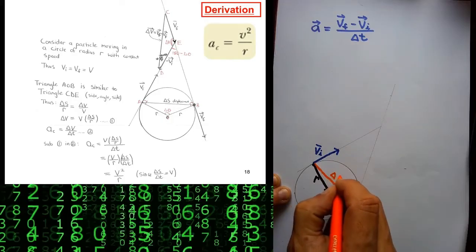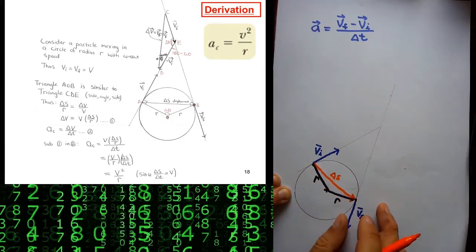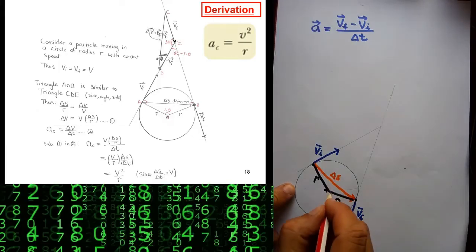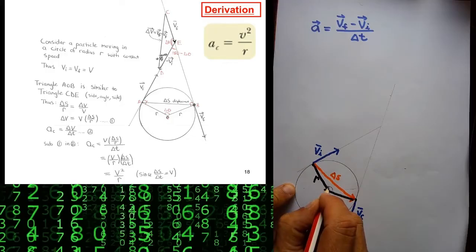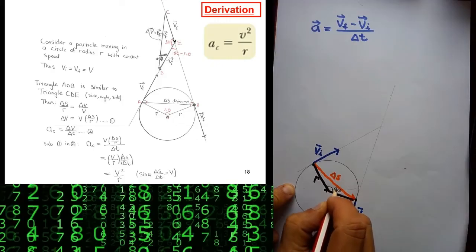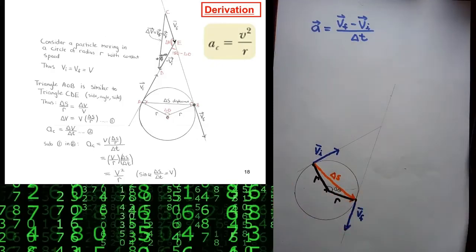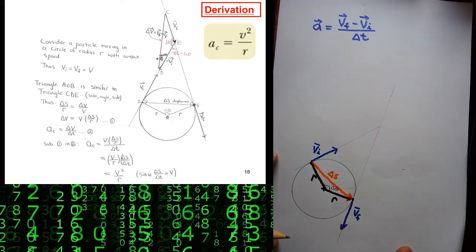I'm going to call this delta S. I'm going to say that during the time of rotation, it's changed position, but it's also rotated through some angle, and I'm going to call this angle delta theta. I'm using the delta because it's changed and the theta to represent an angle. So this is the schematic that represents what's happened.